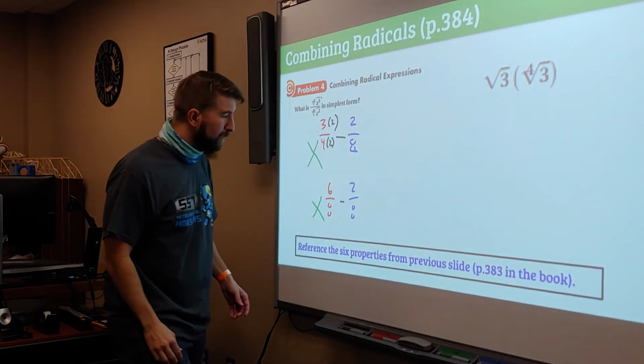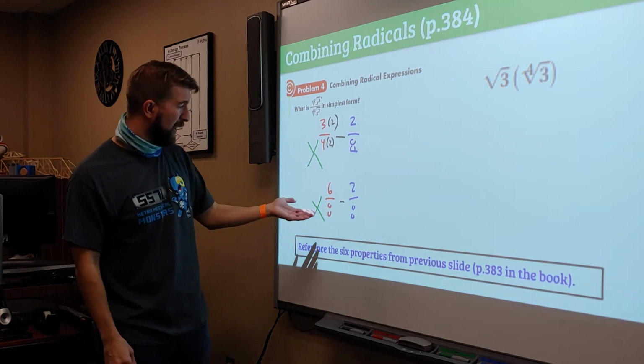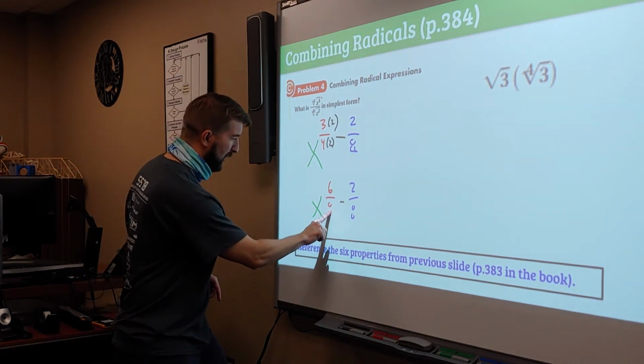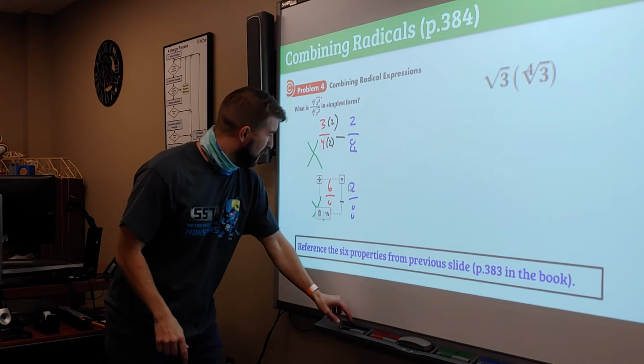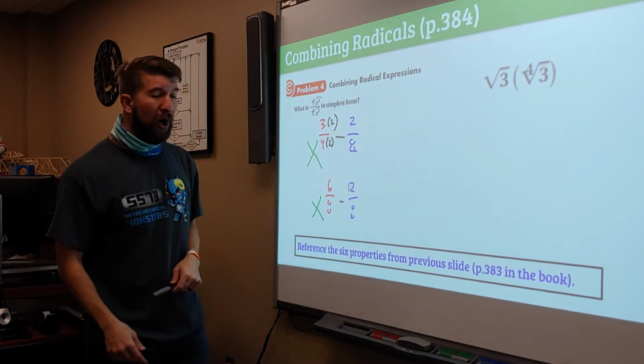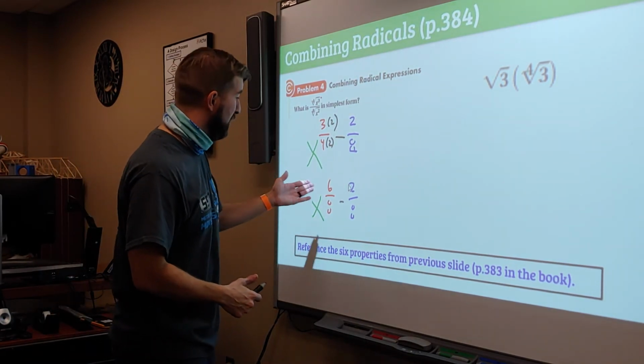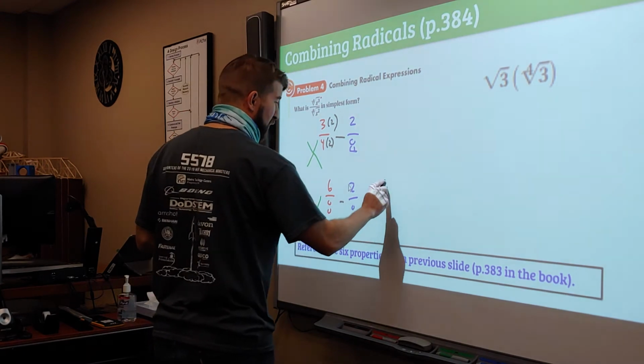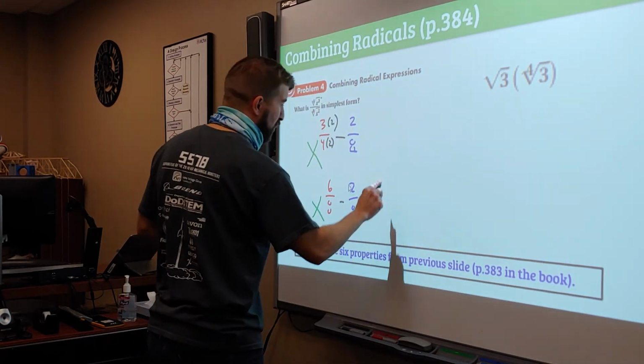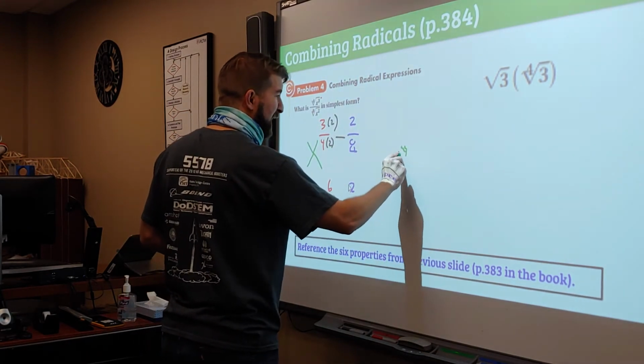Just like that. And I know the smart board's kind of acting up, huh? But anyways, 6 8s minus 2 8s is 4 8s, and so my answer should be x to the 4 over 8.